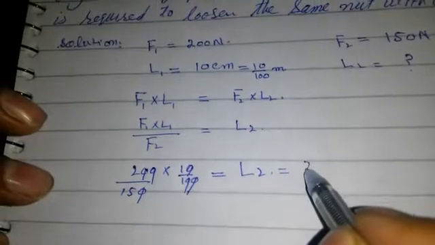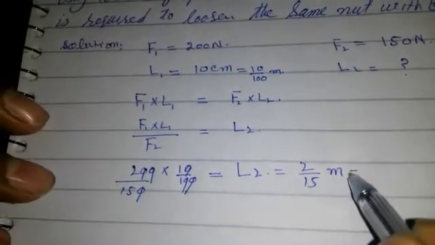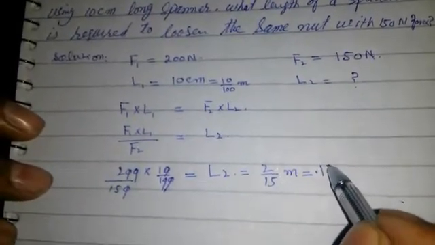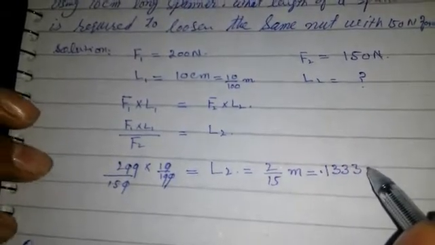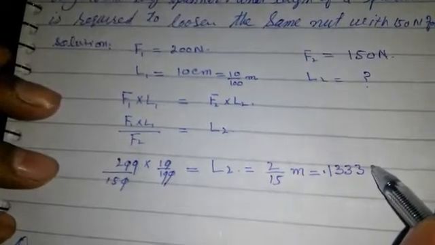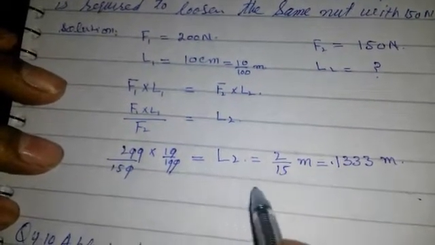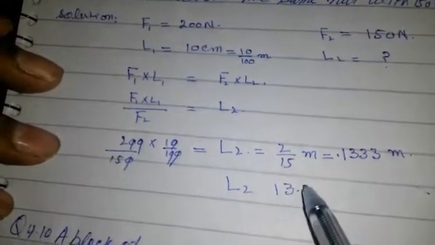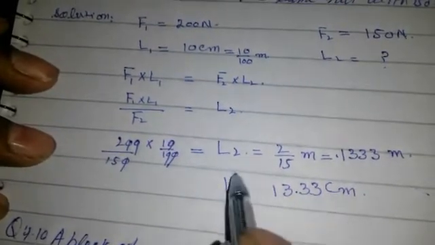This is equal to 2 over 15 meter, which is equal to 0.1333 meter, and this is equal to 13.33 centimeter by multiplying it with 100.